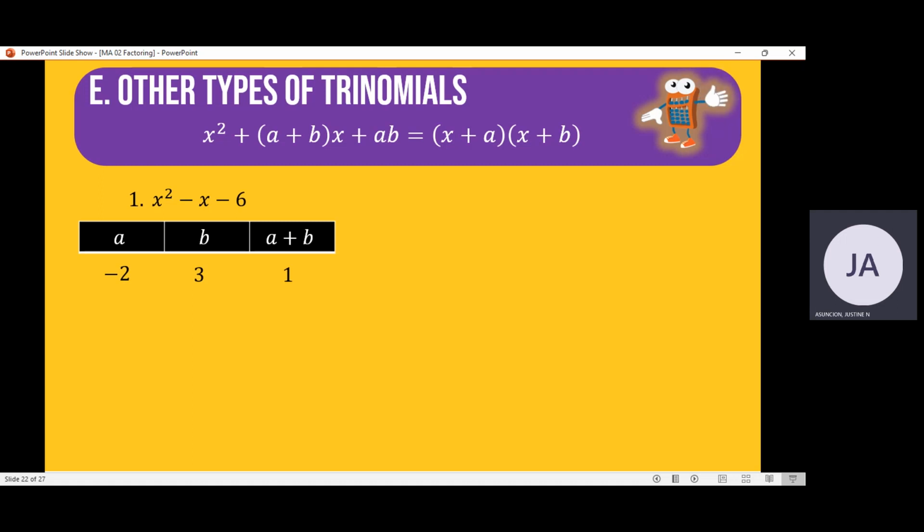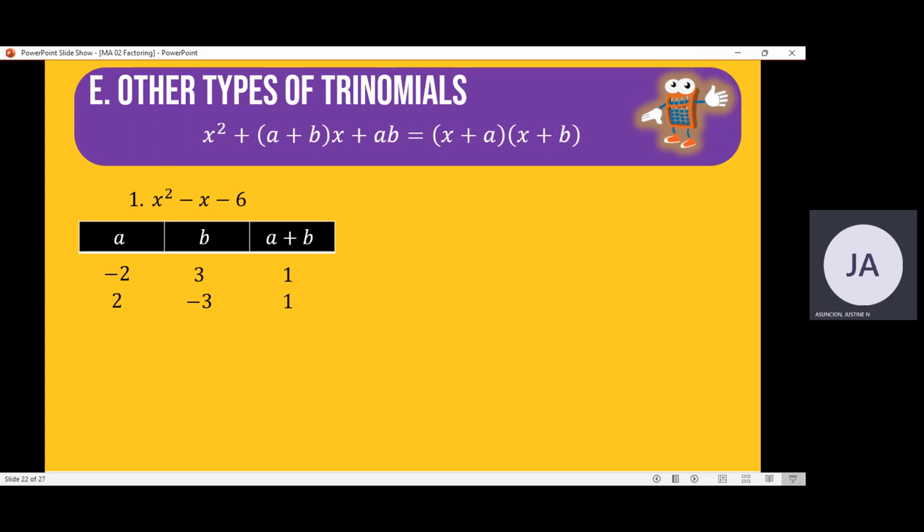But looking at the middle term here, it should be negative 1, right? So let's try to think of other factors of negative 6. It could be 2 times negative 3. So we'll have 2 plus negative 3, which is negative 1. Okay, correction, that's negative 1.